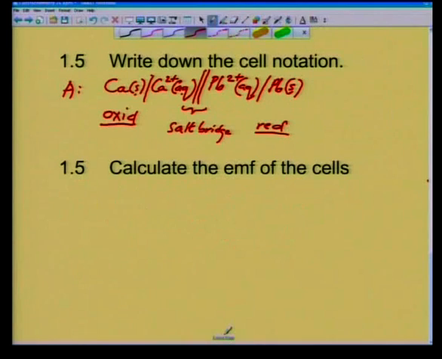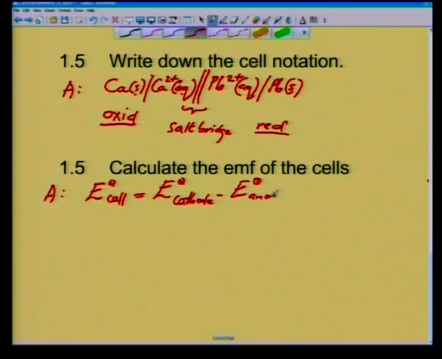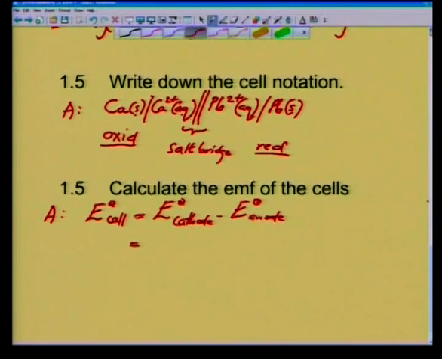Calculate the EMF. Let's start with A. Okay, the EMF is found in this way. E naught cell is always given by E naught cathode minus E naught anode. Now for A, what was our anode?